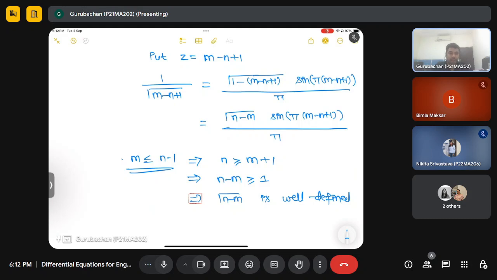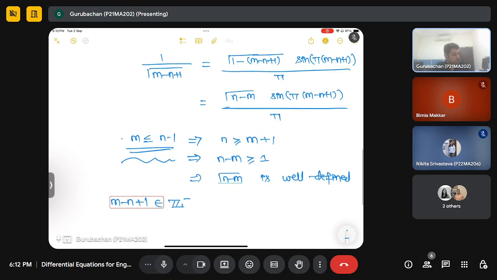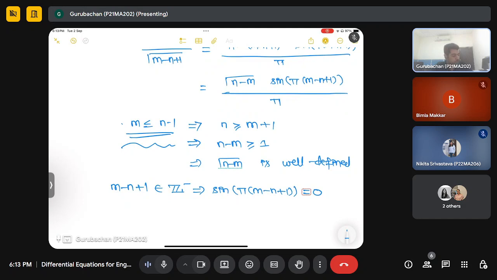Since m and n are integers, m minus n plus 1 will be some negative integer. So it implies that sine pi of m minus n plus 1 is nothing but 0. The denominator is a constant, so 1 by gamma of m minus n plus 1 will be 0 for all m equal to 0, 1, 2, up to n minus 1.